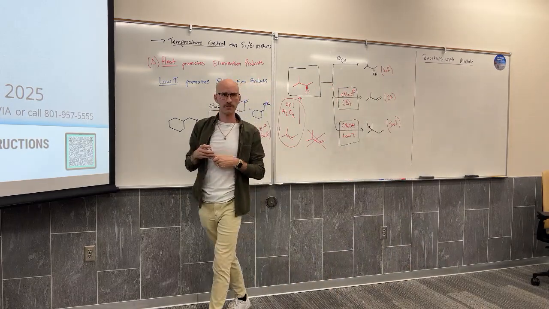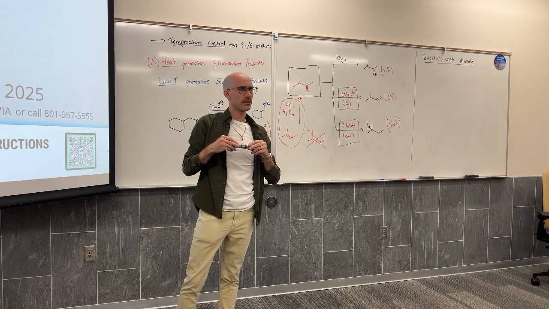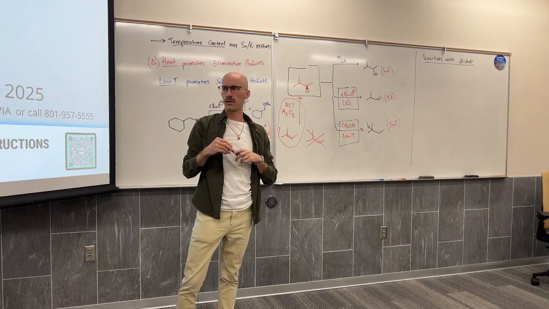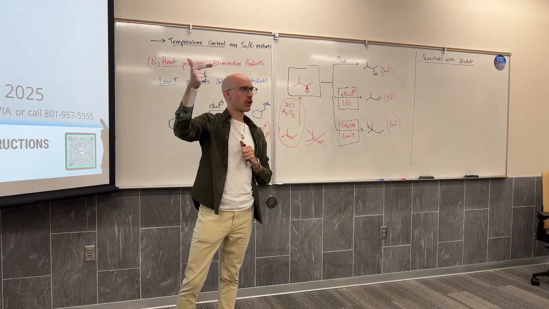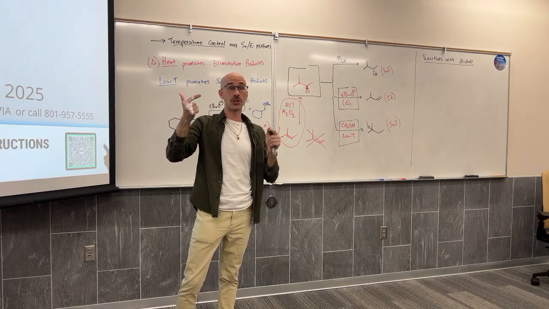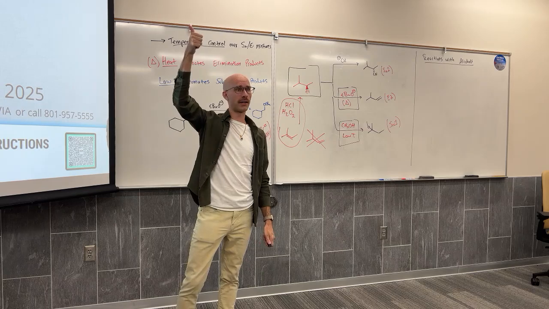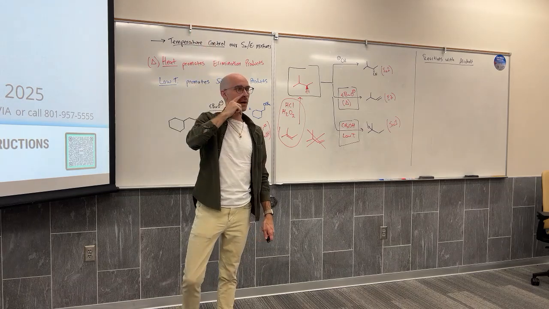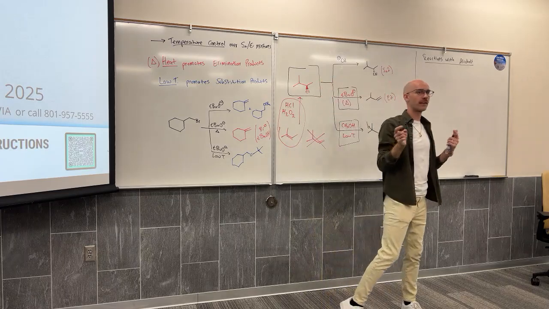I have a question for you. Do we need to cover how to name alcohols? Are alcohols a higher priority or lower priority than alkenes in terms of locant numbering? Alcohols are higher. Do alcohols take on the suffix or the suffix stopper?